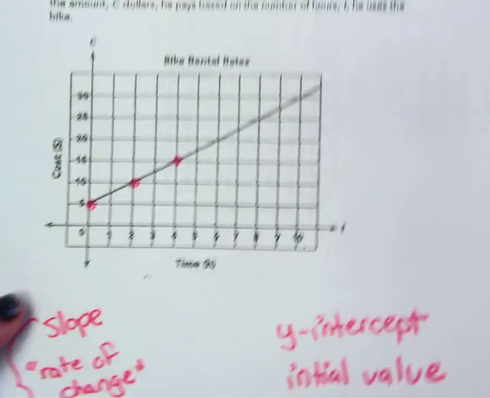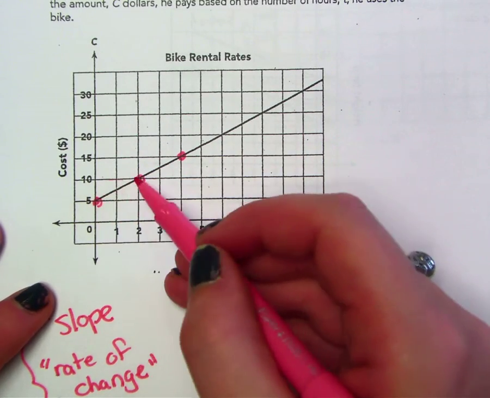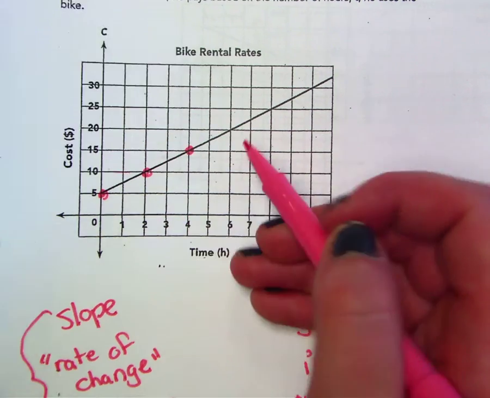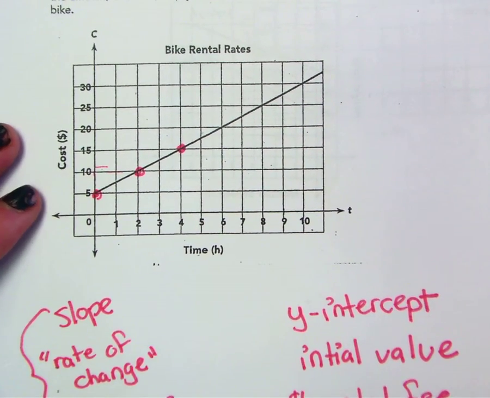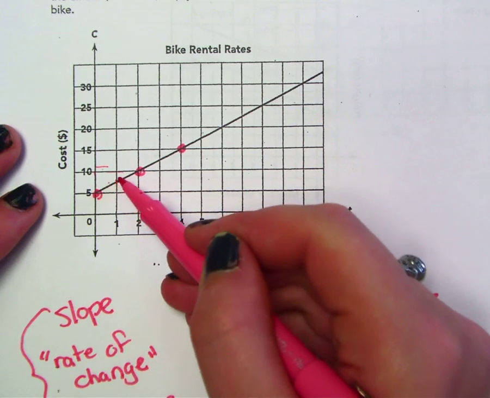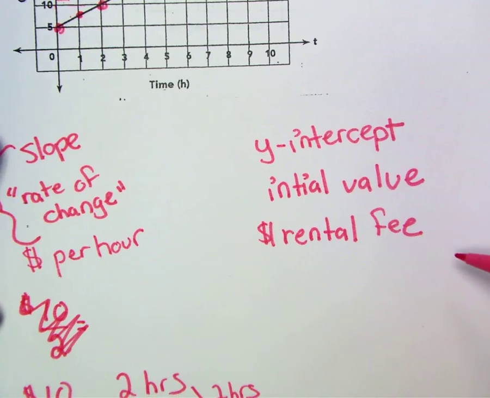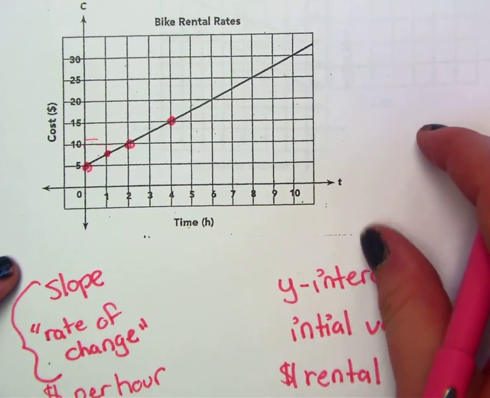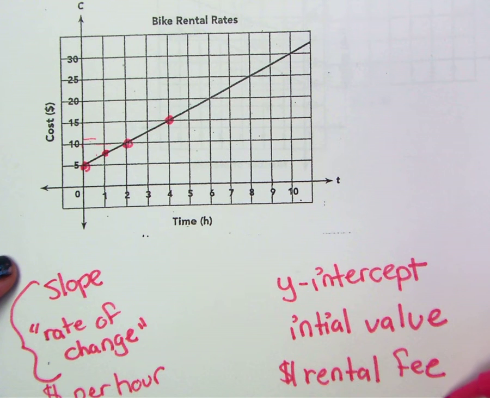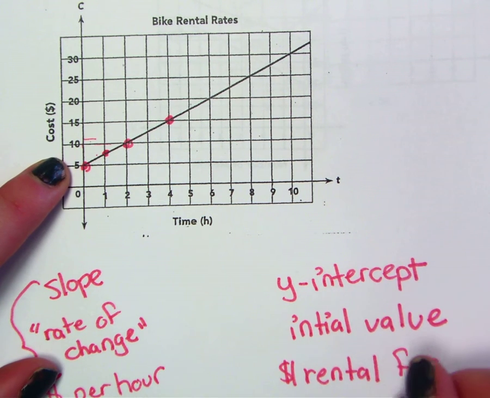Some of you guys might have just looked at the graph and said, okay, it looks like they're increasing $5 every 2 hours, so that's going to give me a fee of $2.50 per 1 hour. The initial fee, your y-intercept for this one, is going to be up here, and it says it's how much we're starting with. Well, 0 hours says we start with $5.